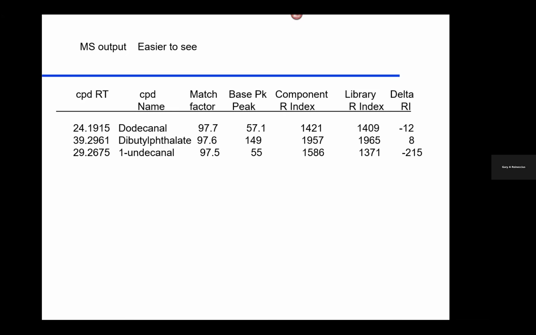It says it elutes after hydrocarbon 15, but our compound comes just after hydrocarbon 13. So it can't be. Great match. The machine tells you it's this, and it isn't that. And that's where you come into the system. You look at that and say, that can't be. So the identification is wrong.